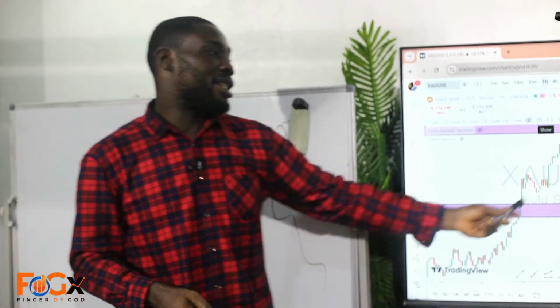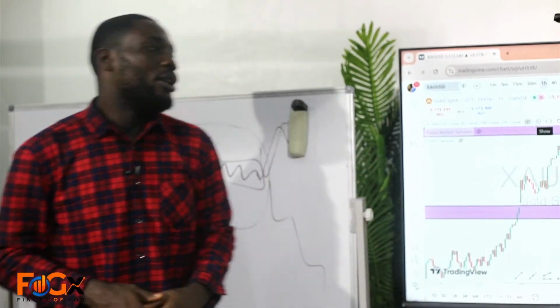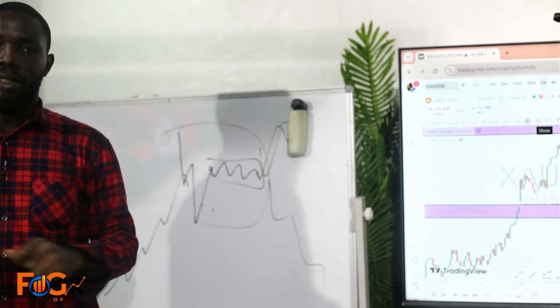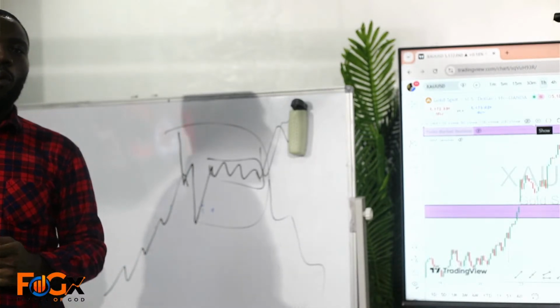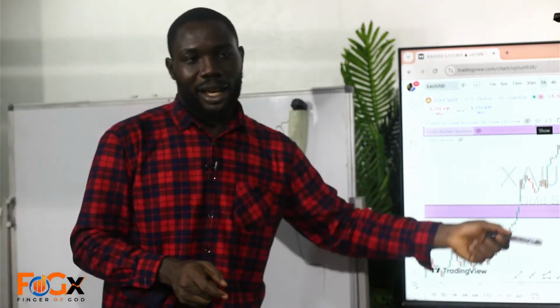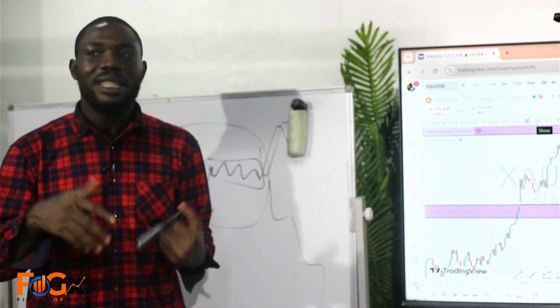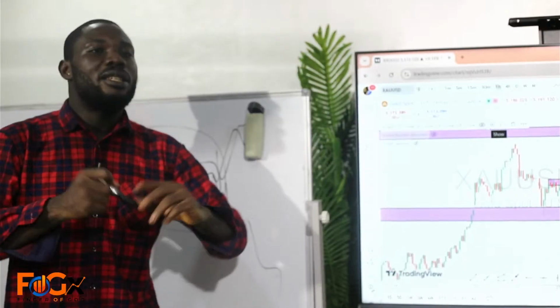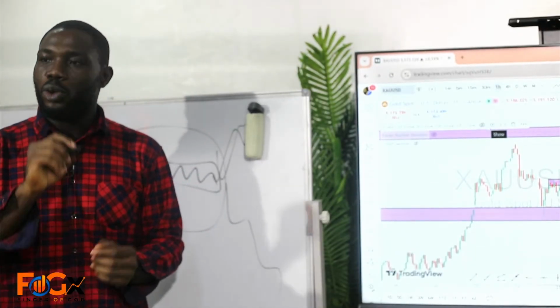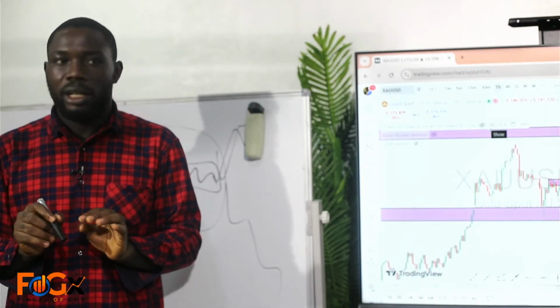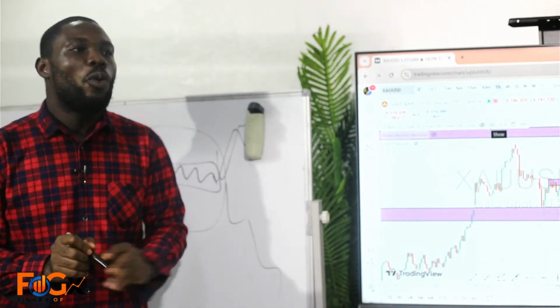So now, since it is ranging, does it affect our buyers? Who is more lenient to buy and who is more lenient to sell? Let me paint it this way. For every day you want to trade, you must tell yourself a story, and that story is, why am I buying?